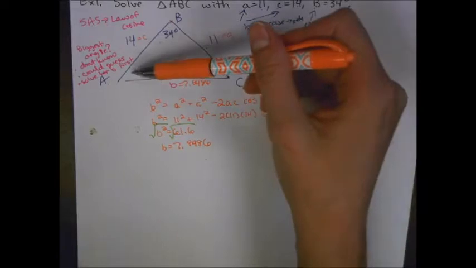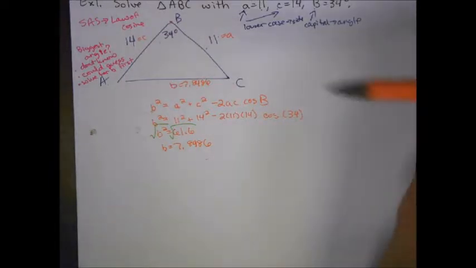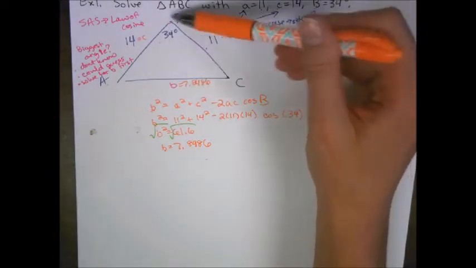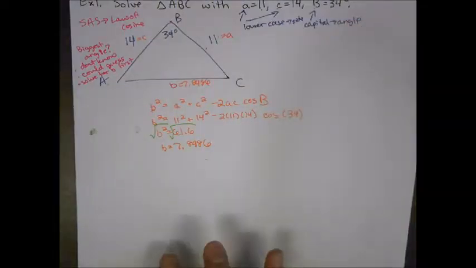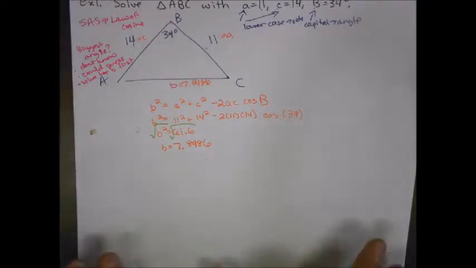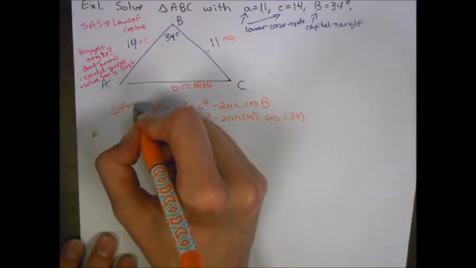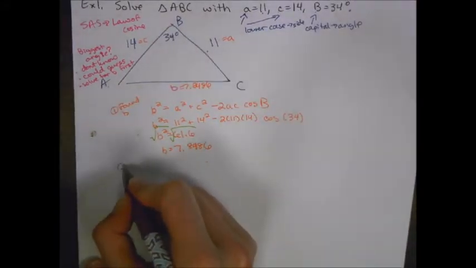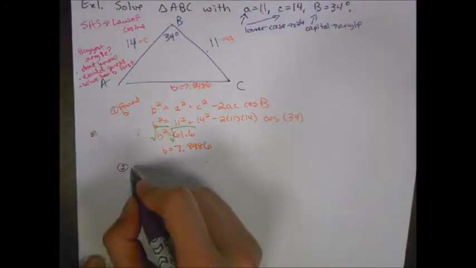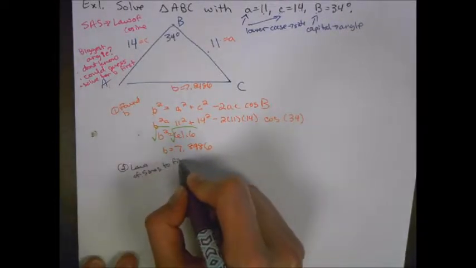Now we have to find angle A and angle C. We could use law of cosine again, or we now have a pair with the B's. I have angle B and side b. So I could do law of sines. So step 1, we found b. All right, step 2, we're going to use law of sines to find, and what's our note?